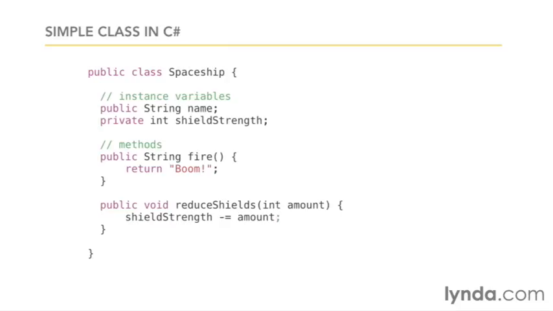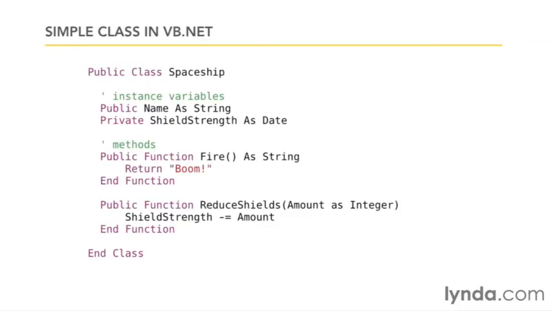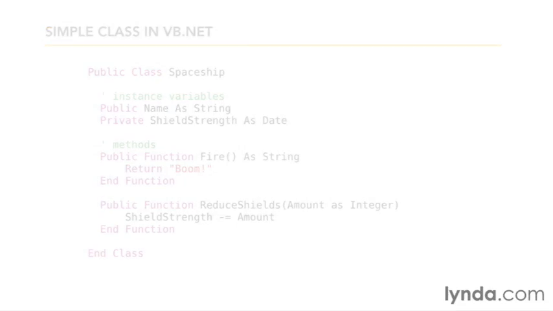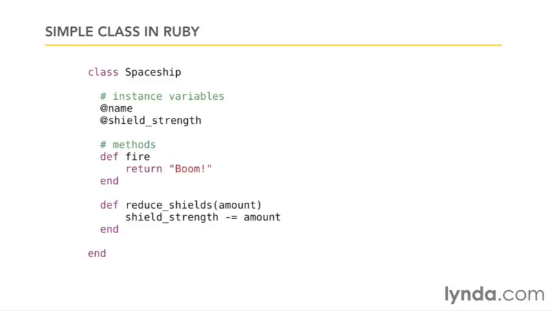If I looked at this in VB.NET, it would change the format away from the curly braces. And we'd start to see a lot of uppercase letters at the start of our keywords, just because that is the convention in VB.NET, but otherwise it's conceptually the same. If I look at this class in Ruby, well, Ruby also leaves out the curly braces, and it has a simpler syntax because Ruby is a dynamic language, meaning it does not require as much information regarding variable types or return types.